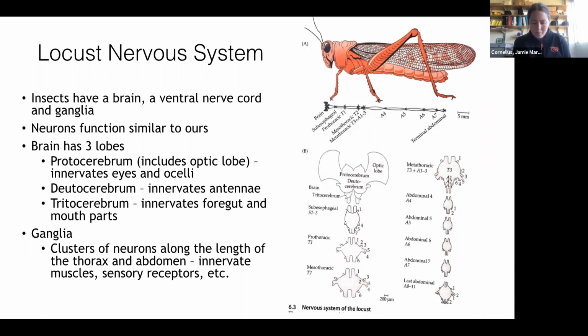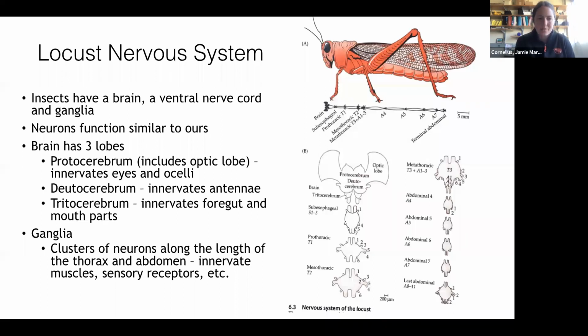The protocerebrum, which includes the optic lobe pictured in B there, innervates the eyes and the ocelli, and we're going to learn about what the ocelli are, their sensory organs. The deuterocerebrum innervates the antenna, and the tritocerebrum innervates the foregut and the mouth parts. And of course, they're receiving other kinds of sensory information too from all the different regions of the body.